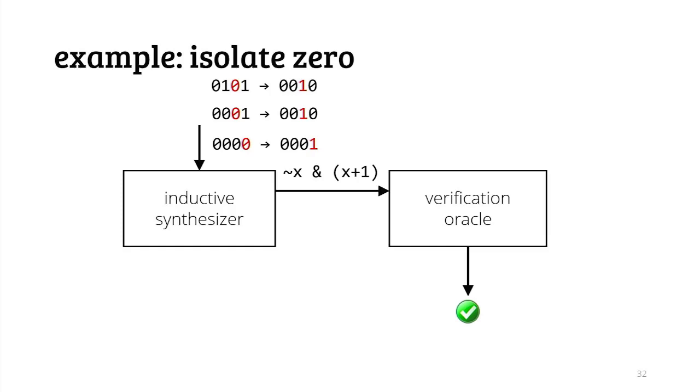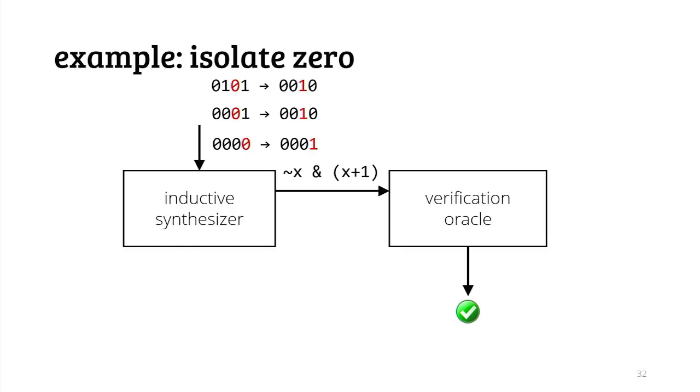But the way it's done in Sketch, the tool that I just showed you, it actually uses a constraint solver to do both of these things, both as an inductive synthesizer and as a verification oracle. And this constraint solver can consider the space of all bit vectors.